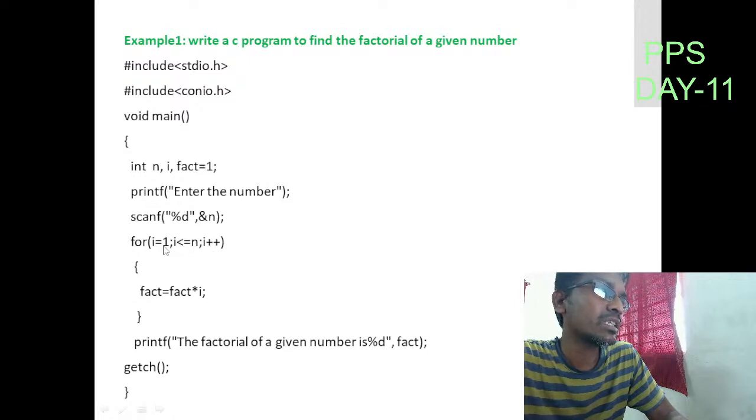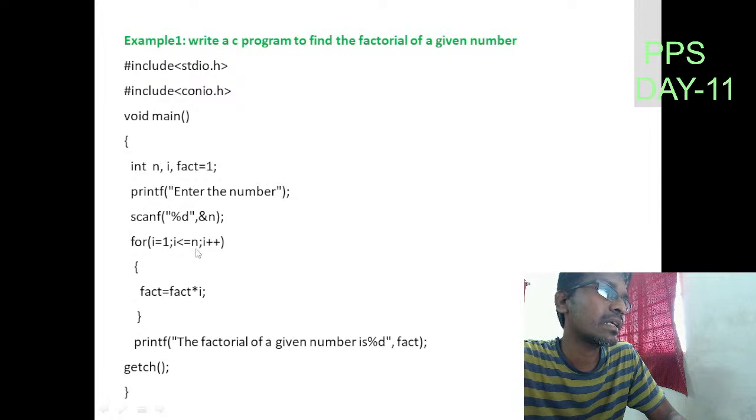Now i is equal to 2. So 2 less than or equal to 5, again the condition is true, so it enters the block of statements. Then fact equal to fact into i. The previous fact is 1, so 1 into 2, I get factorial 2.